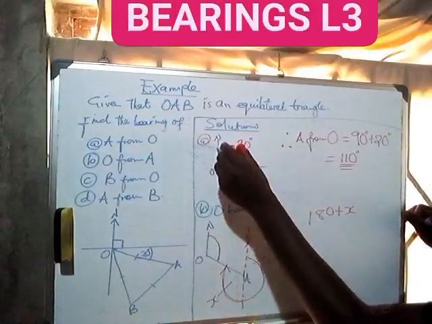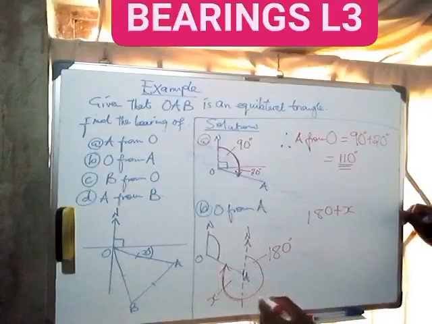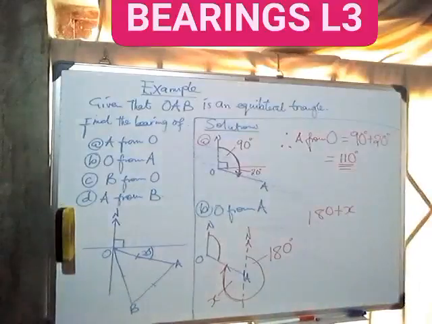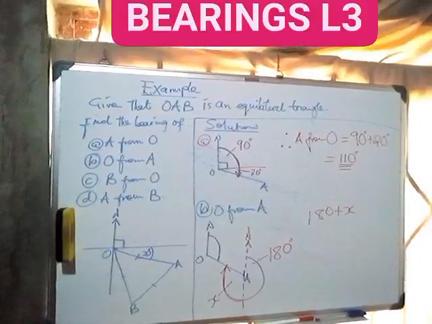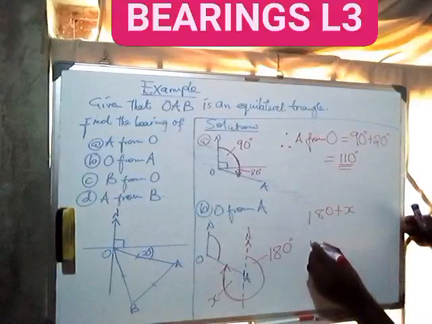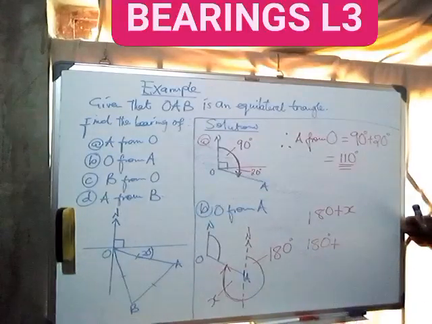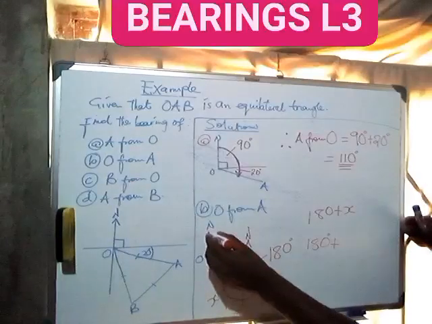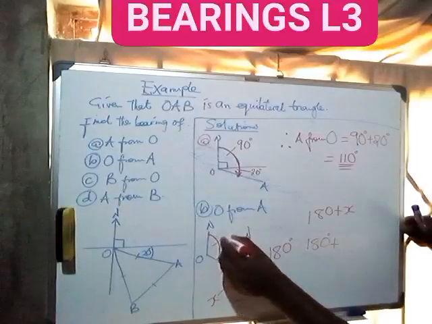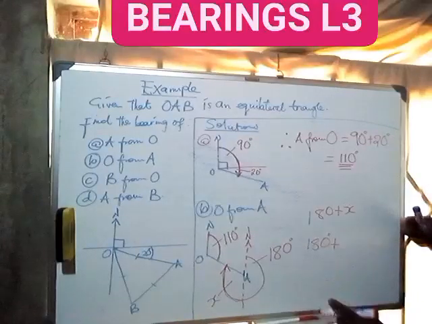This angle we found there on A is the same as the angle we are looking for, which has been represented by x. So instead of putting x here, since this angle is known, this angle is 110.